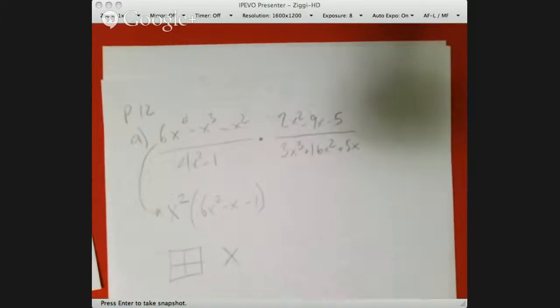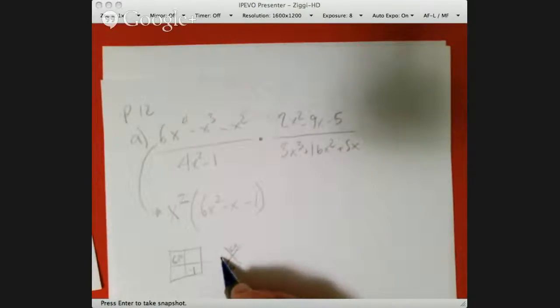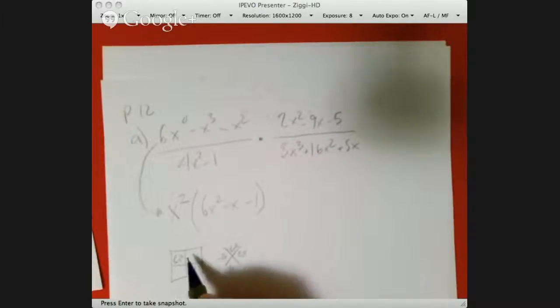So in the case of something like this, I know that I've got a 6x squared here, I know I've got a negative 1, and I need these 2. So what I'm going to do for this part down here is to say I've got negative 1x up on the top here, I've got a negative 6x squared. So that means to me I am going to have a negative 3x and a 2x to get me to all the parts that I'm looking at. So we've got a negative 3x, we've got a 2x.